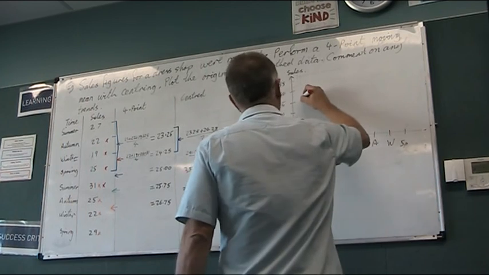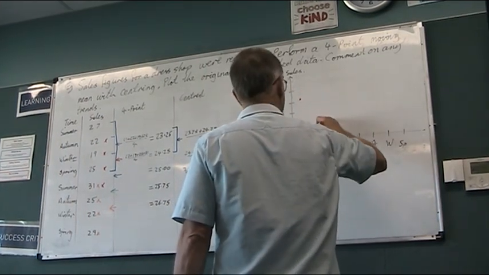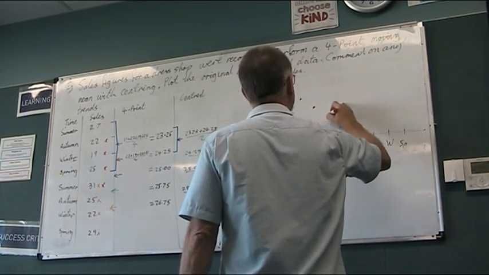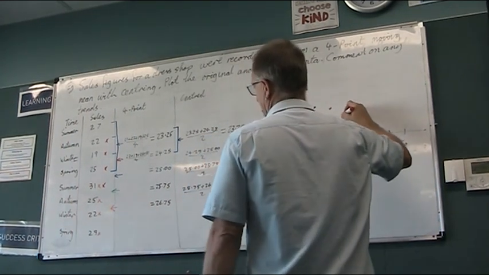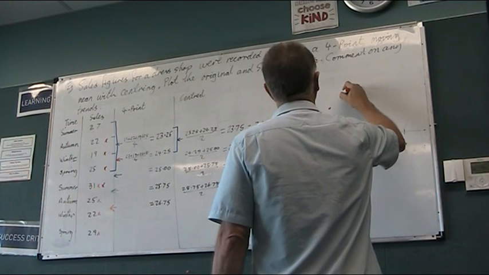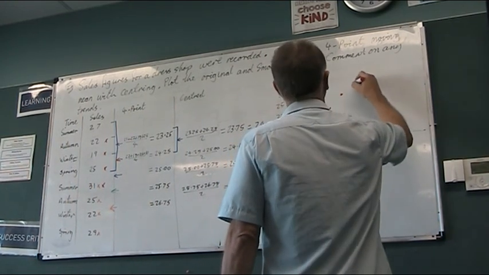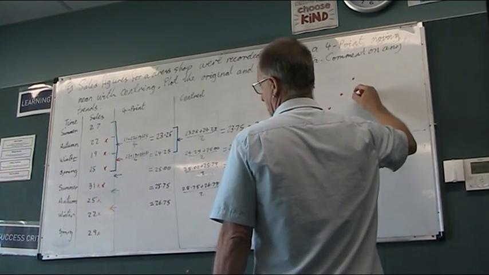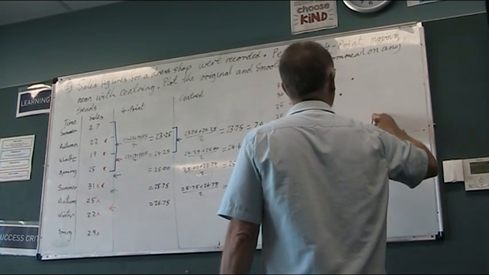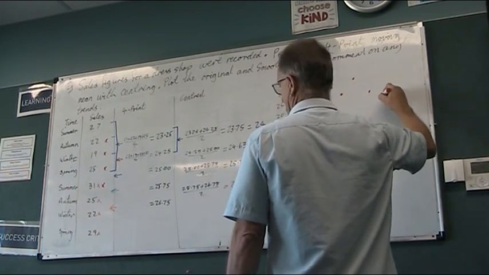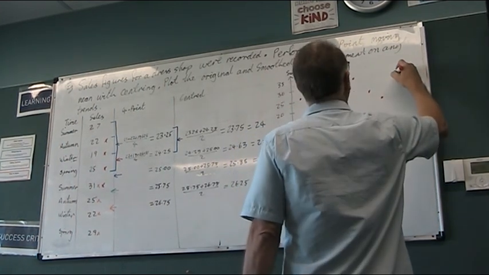All right, our original data. So original data, 27, 22, 19, 25, 31, 25, 22, 29.